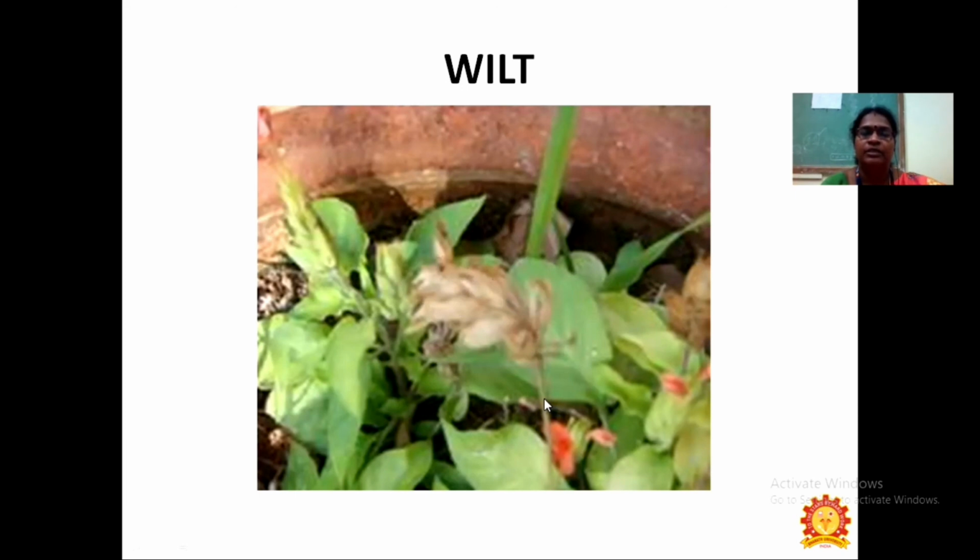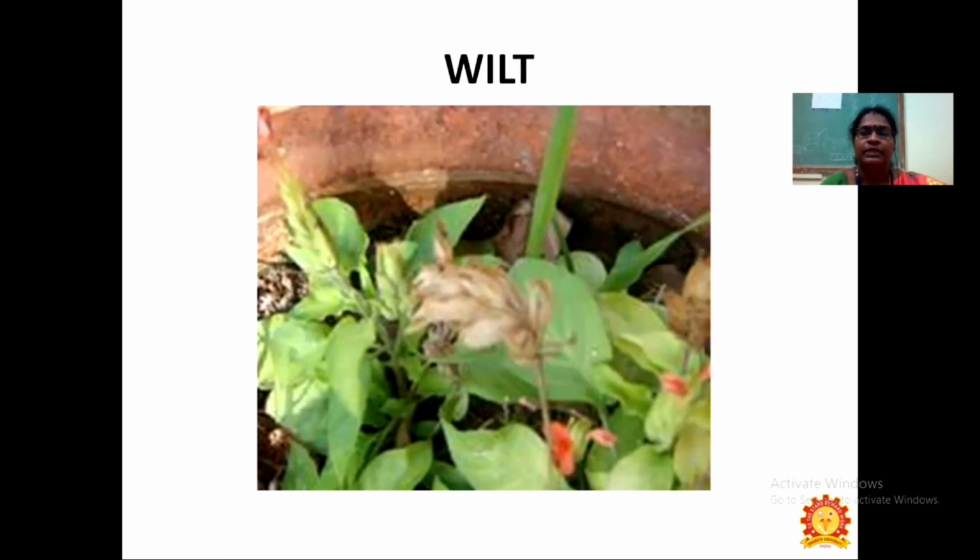The leaf shows yellow discoloration, and in a later stage it droops off and the symptoms progress until the root region, causing wilting, and due to this the whole plant will die.